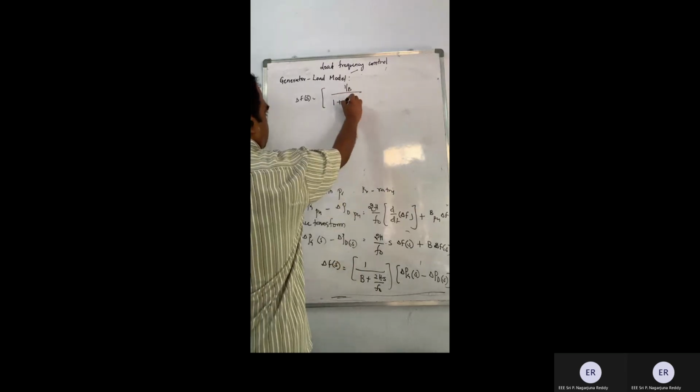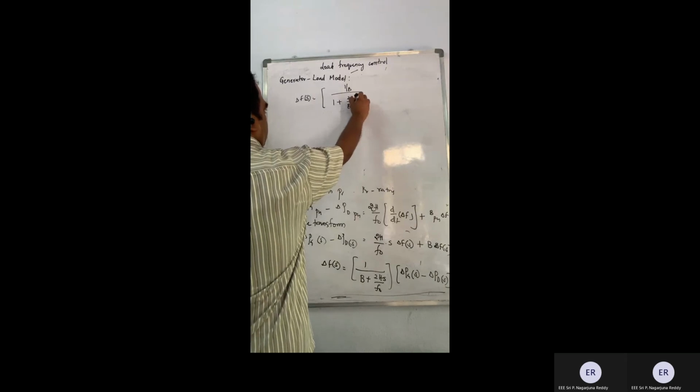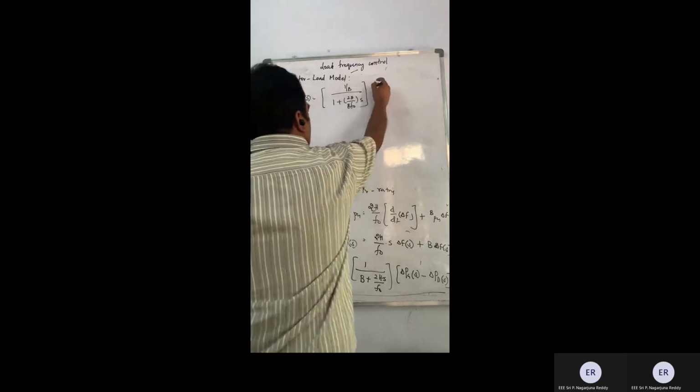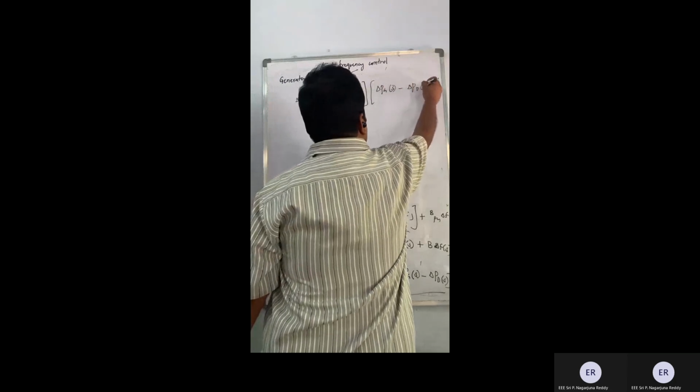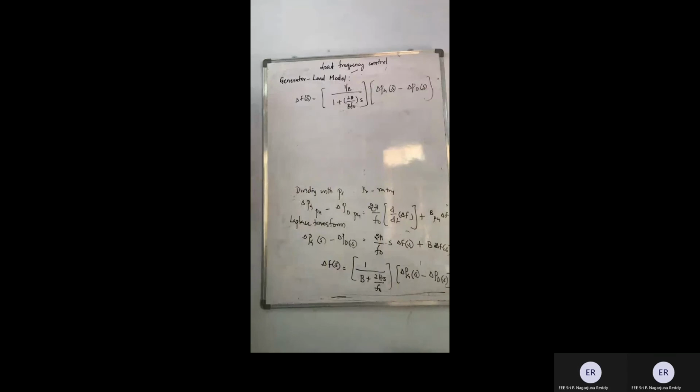This is going to be 2H by B into F naught into S, into delta Pg of S minus delta Pd of S. This is the expression. Now, we can represent it easily in terms of a control system.